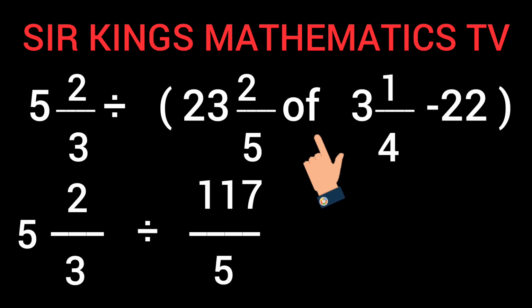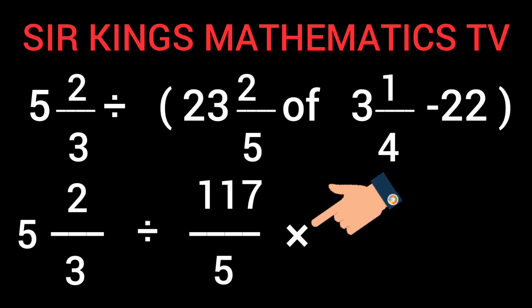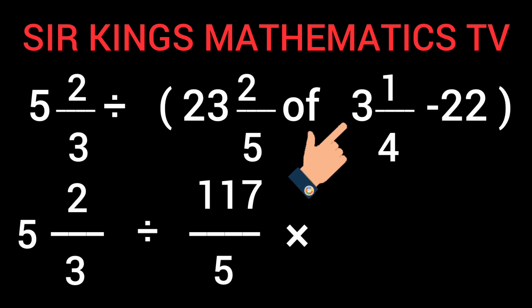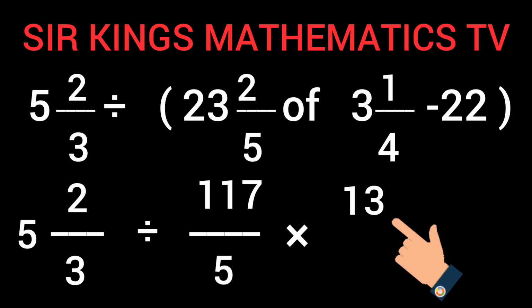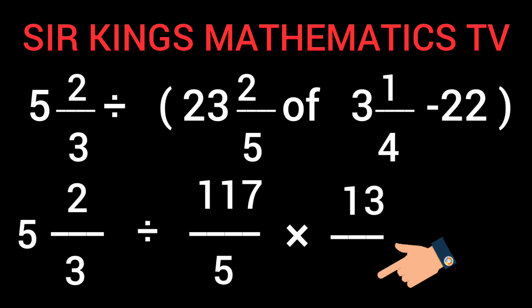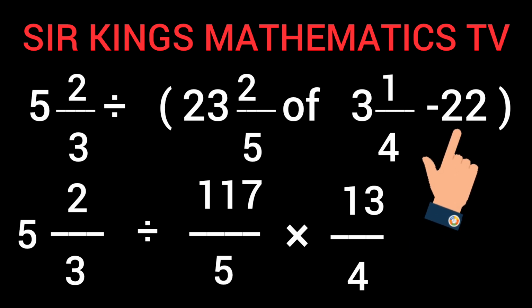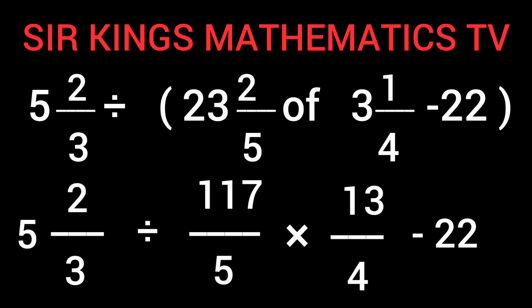Of in mathematics is times. Write it down here. 4 times 3 will give us 12, plus this one here will give us 13 over 4. Bring down minus 22. Close bracket.